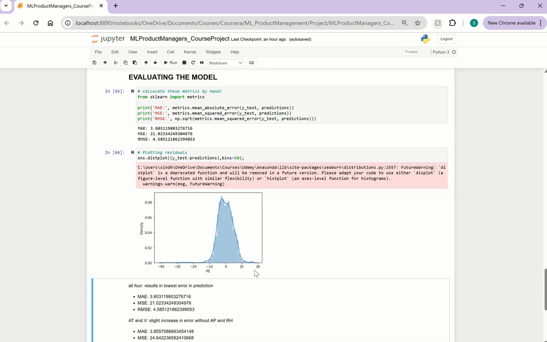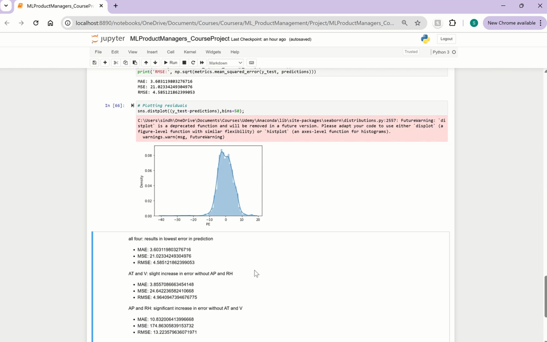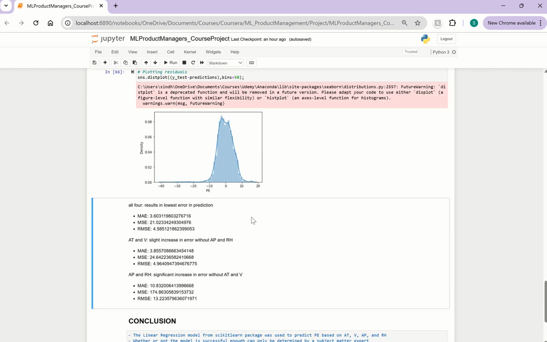I then continued to explore which of the variables had the biggest impact on the predictive power of the model. I took out the two variables that didn't show a strong correlation with our target variable.